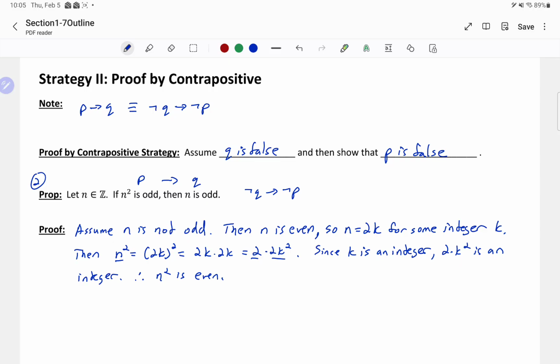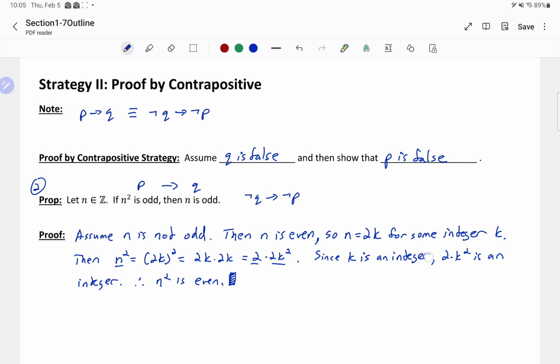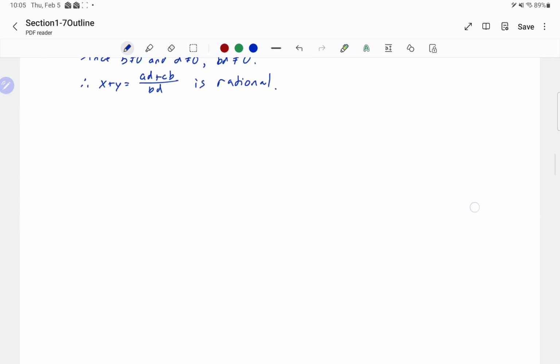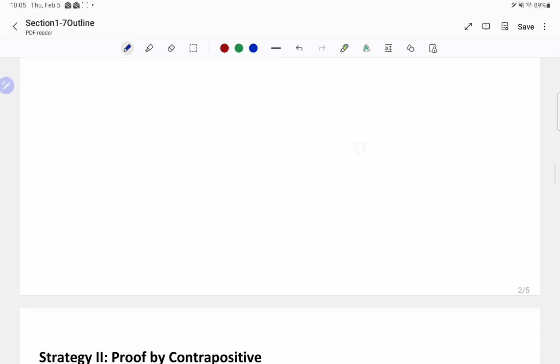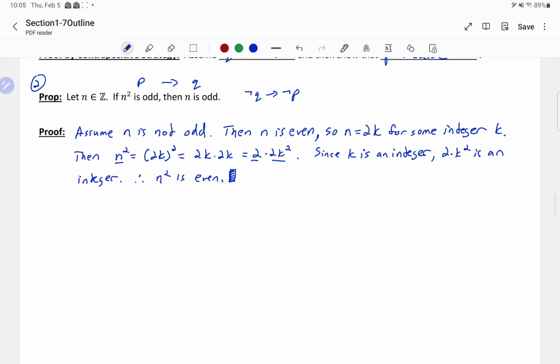I didn't actually do this on my last one. I should have. Often we'll put some sort of little symbol there. One that's often used is a rectangle, a bar like that, to say this is the end. I should have done that back up here too. People will often write QED at the end.